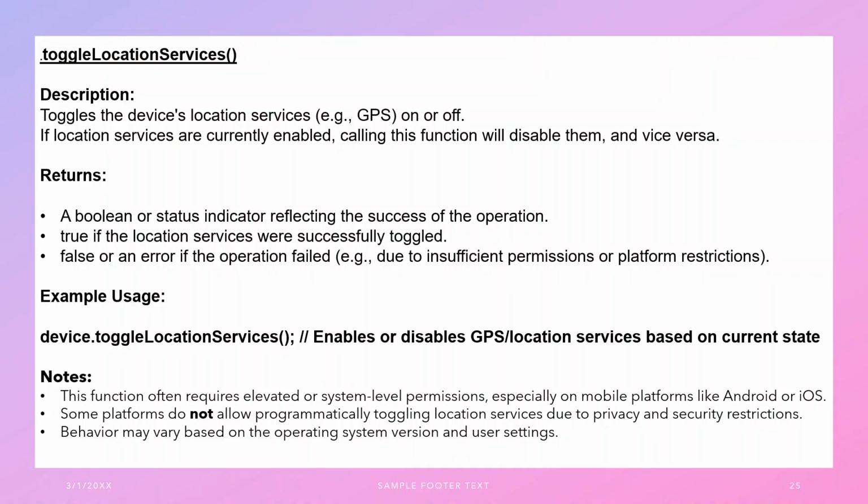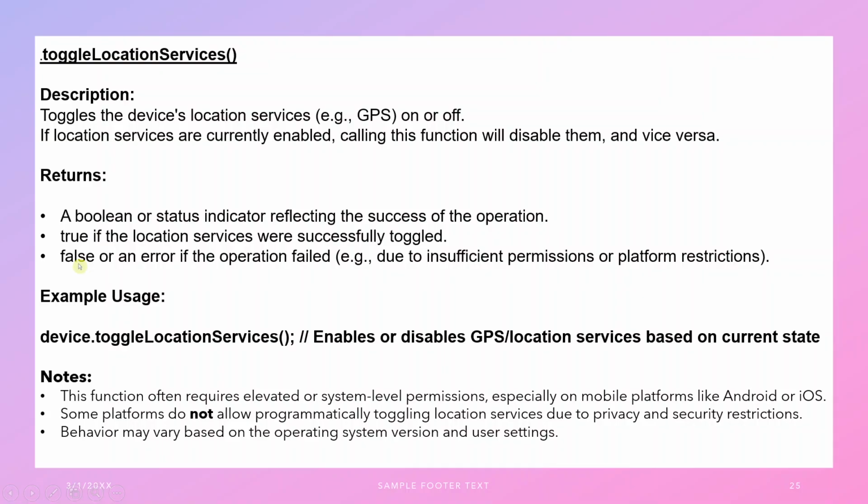It returns a boolean value indicating the success of the operation. If the location service was successfully toggled, if we are able to change the location service on and off successfully, the return will be true.